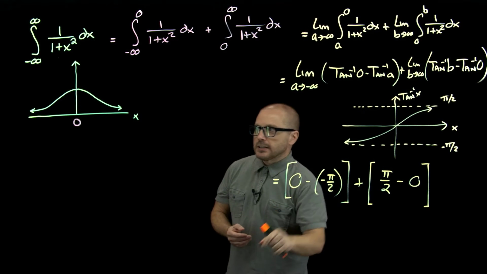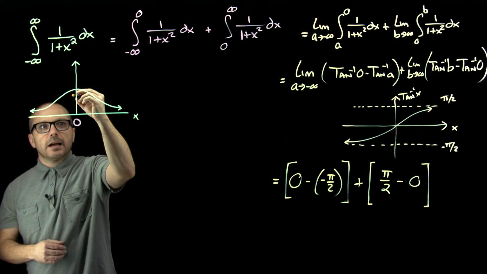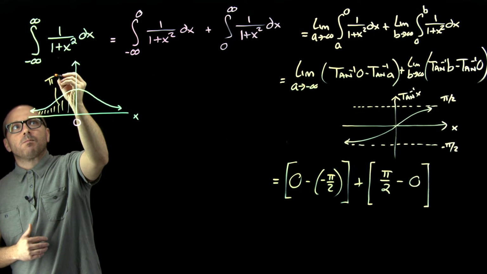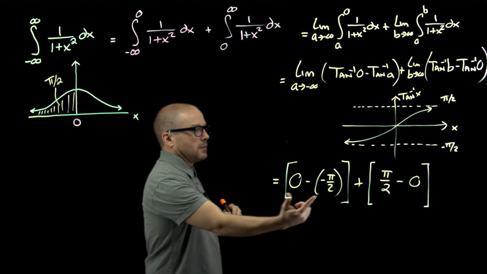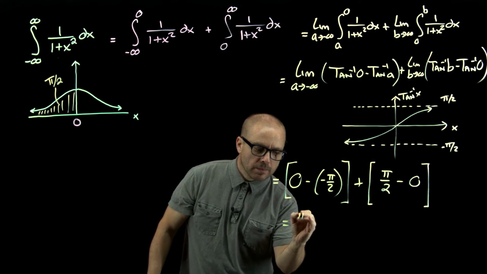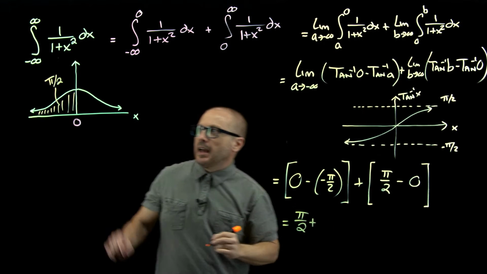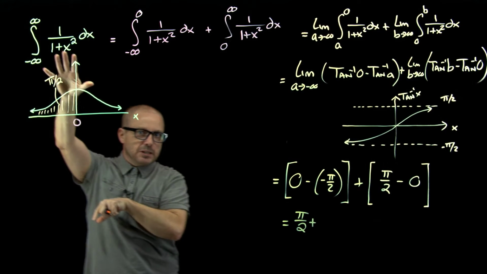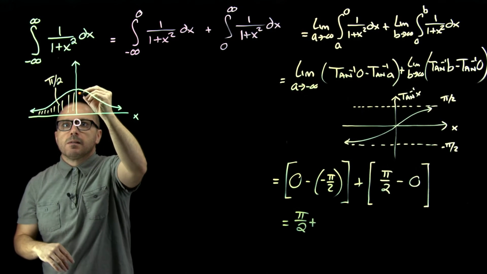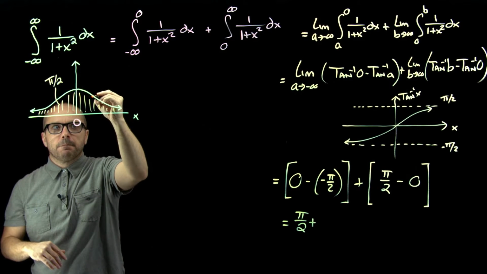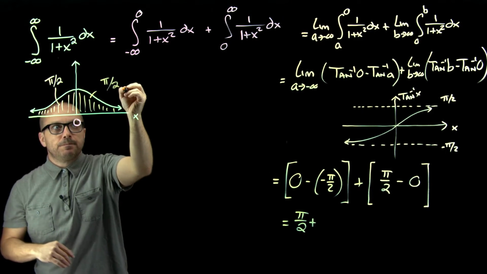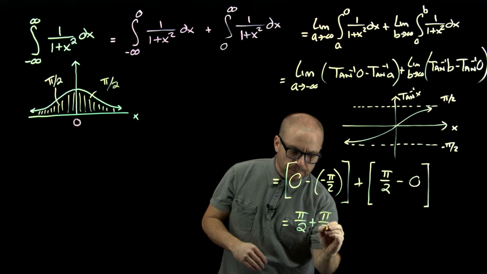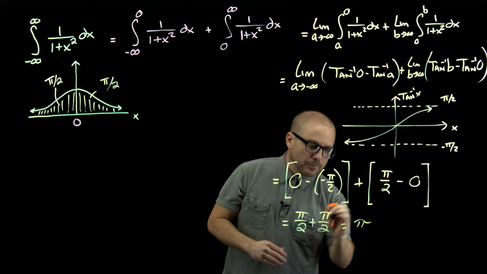So what we found is that this one is pi over 2. And we could even see this by symmetry, right? It's an even function, so it makes sense that that side is pi over 2 as well. So altogether, it's pi.